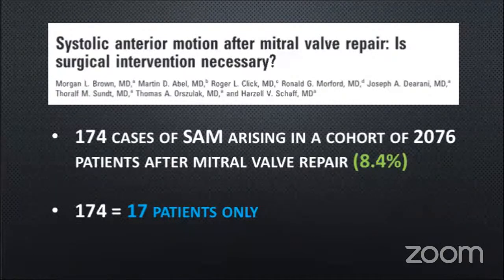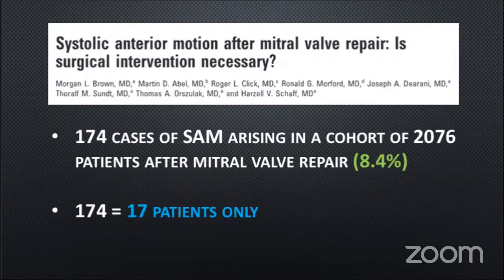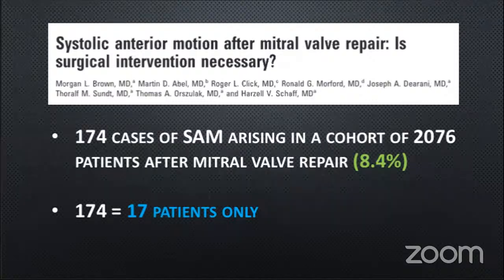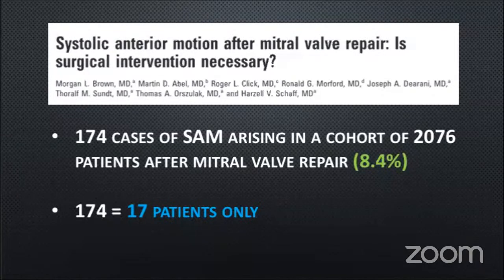These results suggest to me that medical therapy alone may be sufficient for mild systolic anterior motion, but surgical therapy always remains the definitive therapy for serious systolic anterior motion in an experienced center and, of course, an experienced hand.